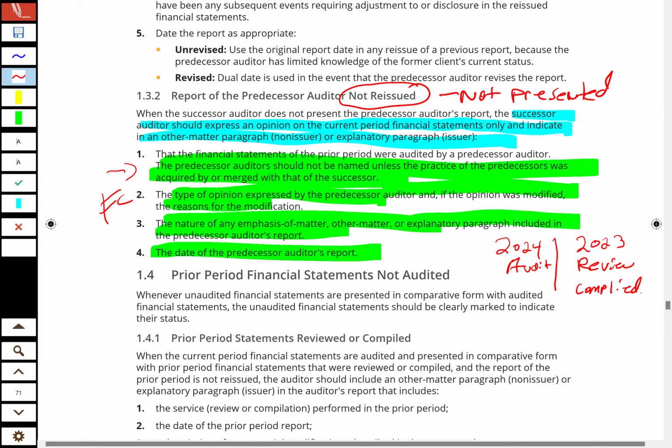Okay. There are other services that CPAs can give that are less in scope than an audit. Okay. An audit gives a positive assurance that, in our opinion, the financial statements are fairly stated. A review gives a lesser level of assurance called a negative assurance, in which we say we're not aware of any problems.